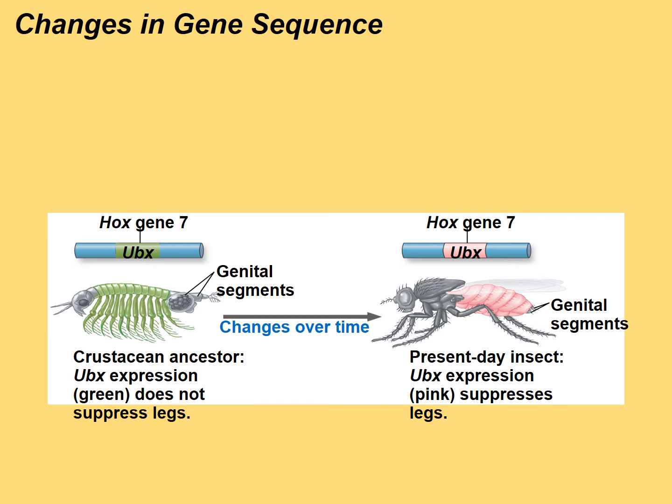So it's suspected that changes in the UBX gene specifically over time resulted in the number of segments and appendages decreasing in that lineage.